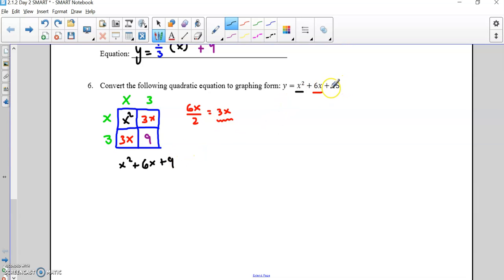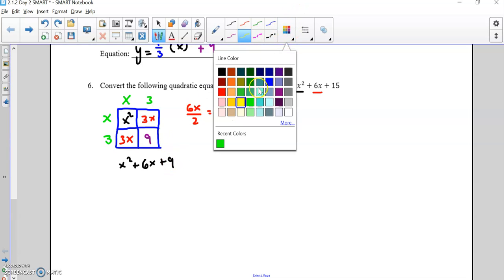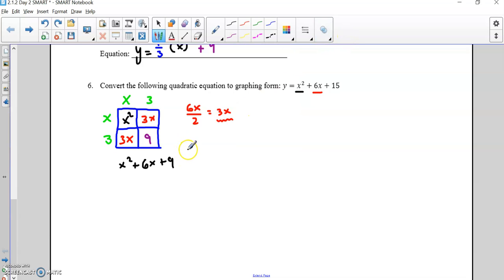We have a 9, what we wanted was a 15. So in order to get from 9 to 15, we have to see what we can add or subtract. So we're like, okay, well, I know that if I add 6 to 9, that will give me 15. So that's what I'll do. That's going to solve the problem and give us what our original equation is.